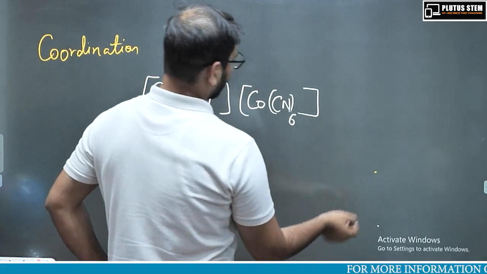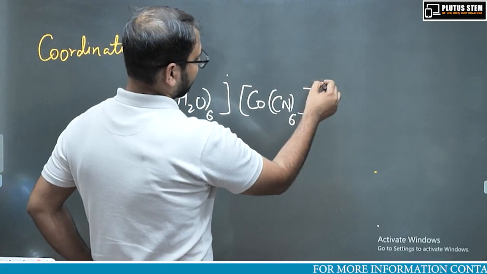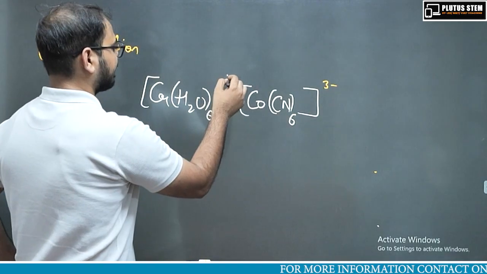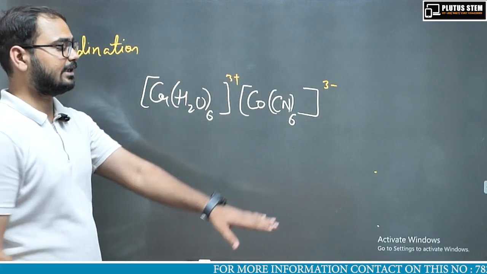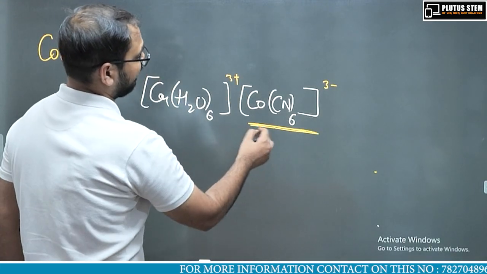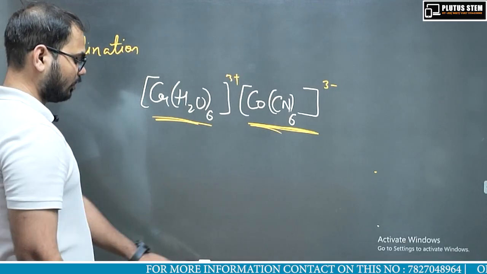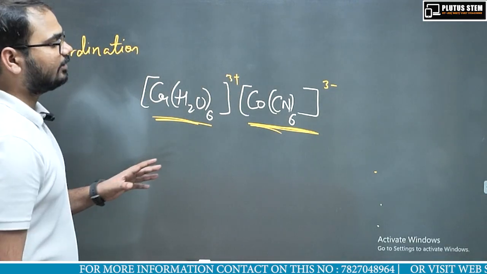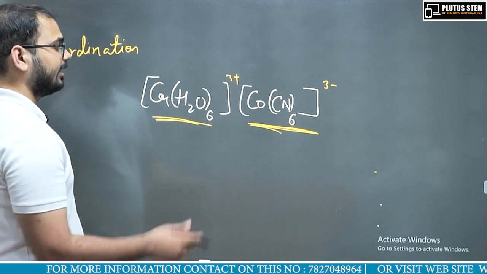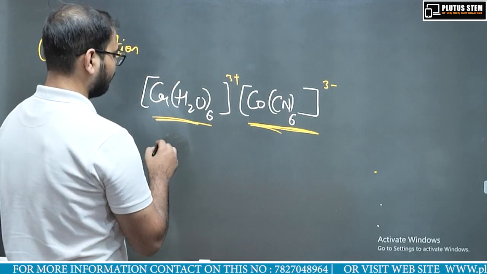Here, this has a negative coordination sphere while this has a positive charge. So in this case, one coordination sphere is acting as a counter ion for the other coordination sphere. Here, chromium can form a better bond with cyanide and cobalt can form a better bond with water.